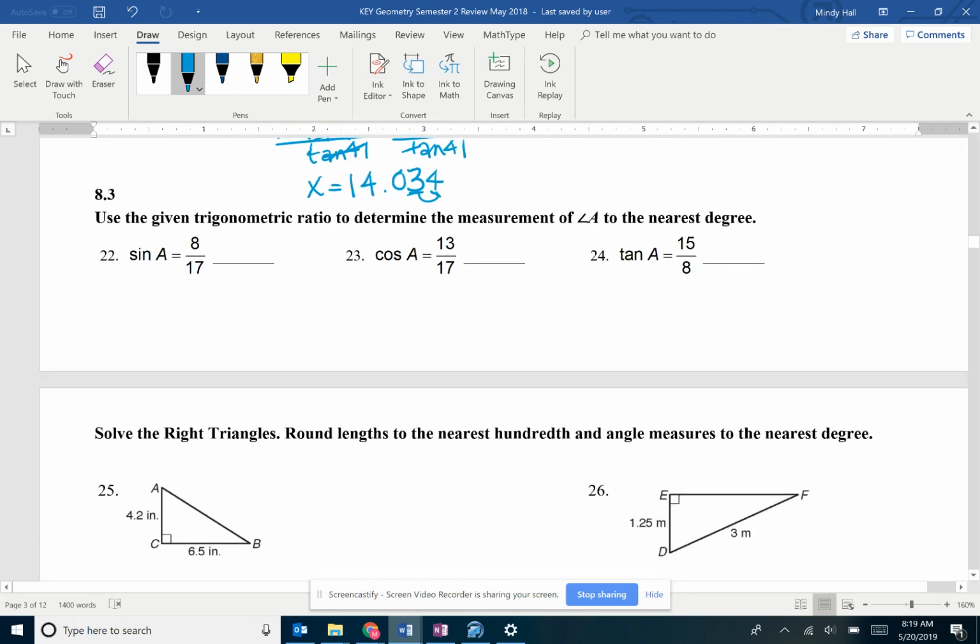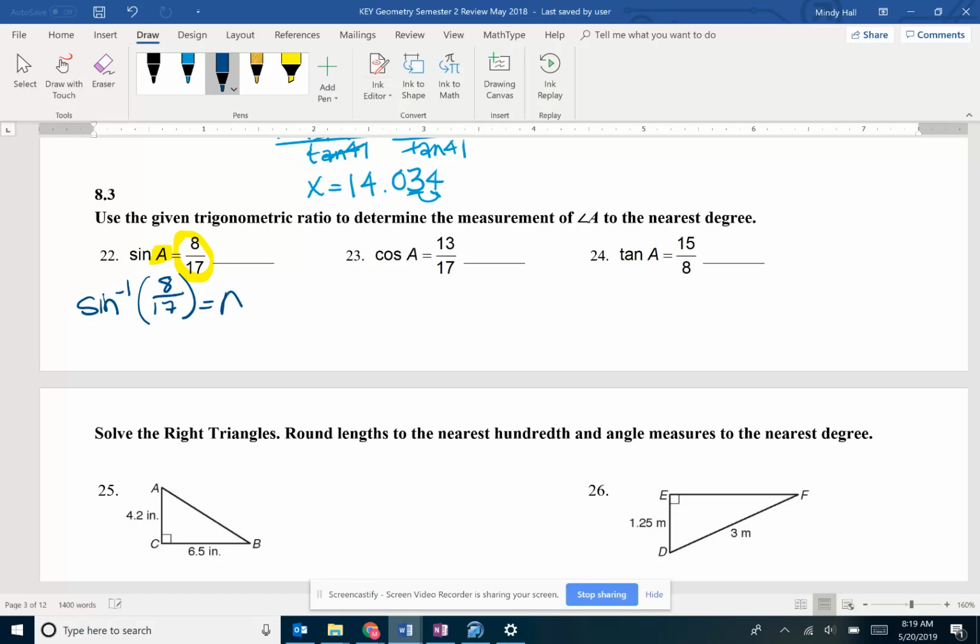So for 8.3, you have to use your inverse trig. So if you see a setup where sine of a letter equals a fraction, that tells you that you're using inverse trig. So this sine of a equals 8 over 17 becomes inverse sine of 8 over 17 equals a.